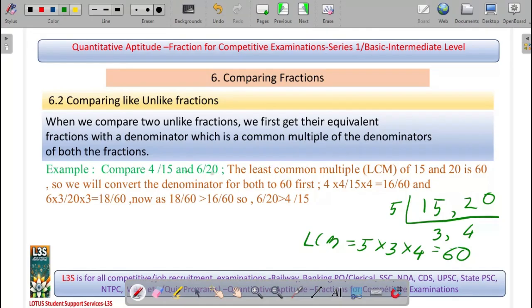For the second one, 6 by 20, we multiply 20 into 3 and 6 into 3, so we get 18 by 60. Now we know 18 by 60 is greater than 16 by 60. So the second one is greater than the first one: 6 by 20 is greater than 4 by 15. I hope you understand.